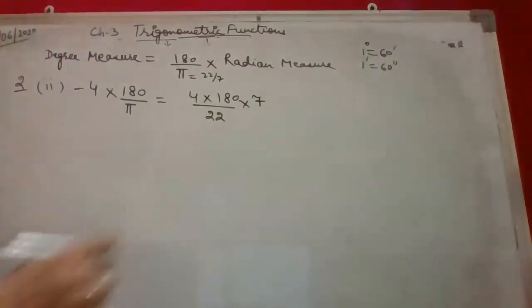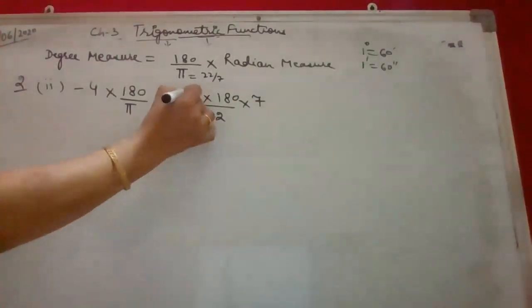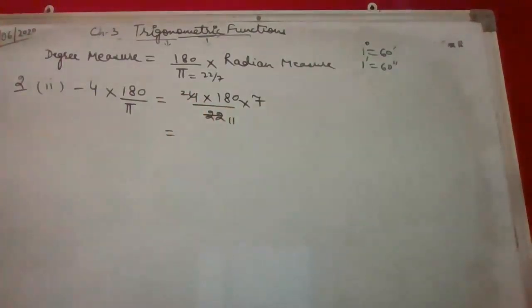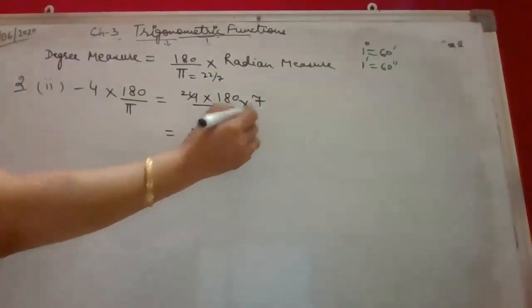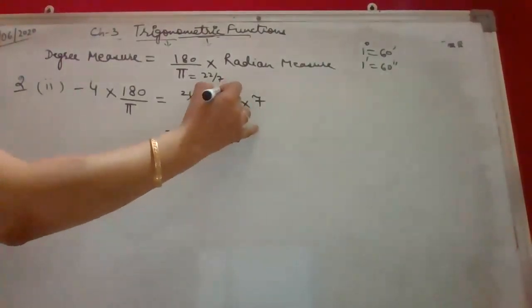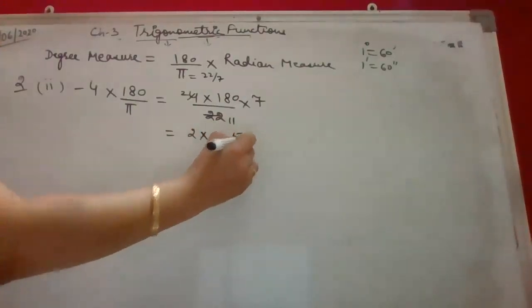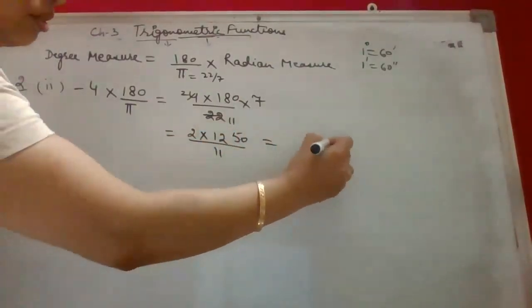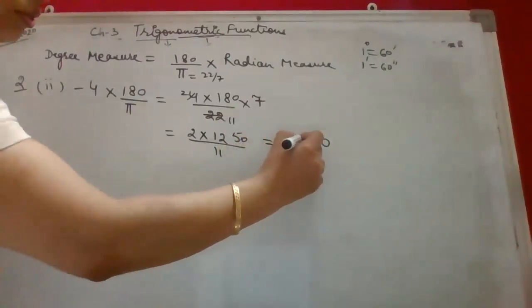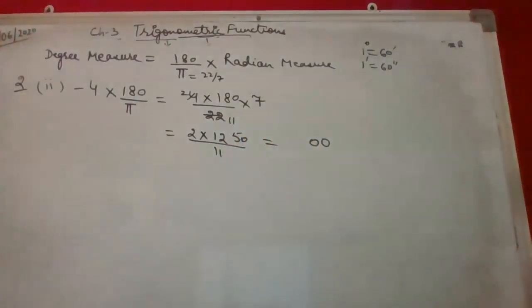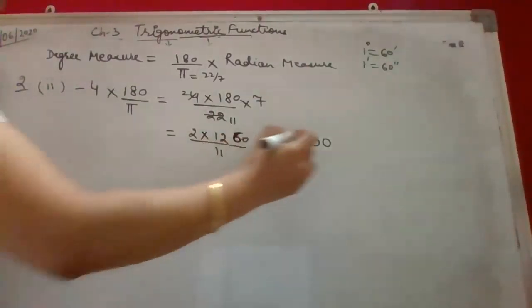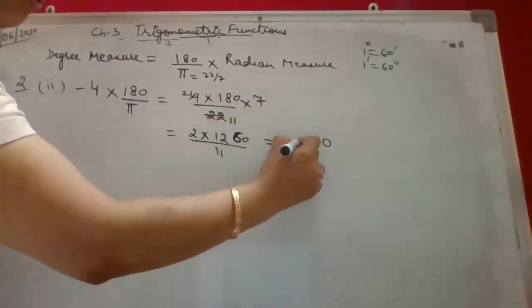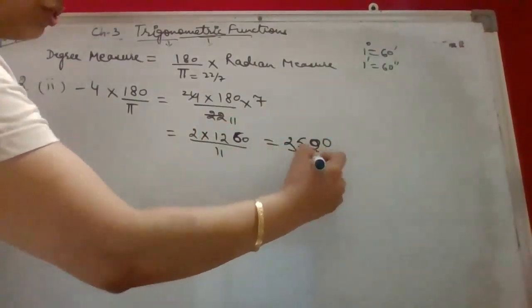Let us simplify. 6 is there. 6 is 12, 2, 1, 5, 2, 2520 upon 11.